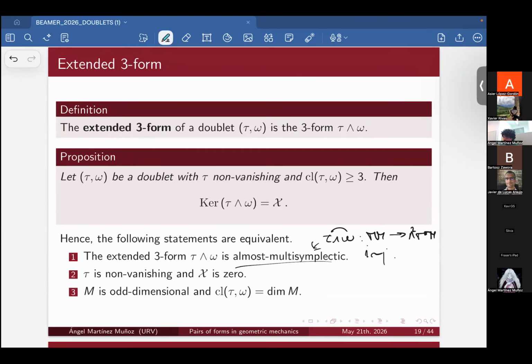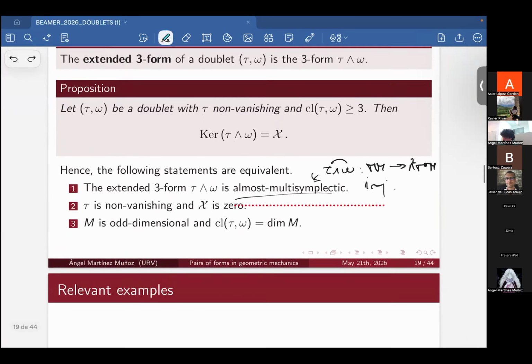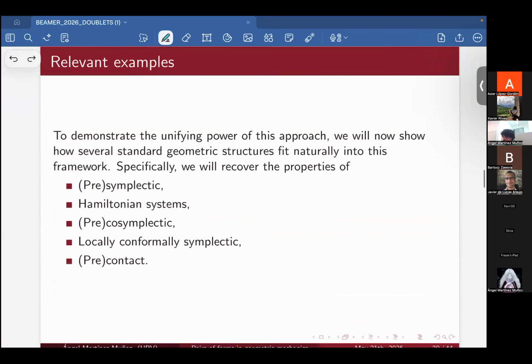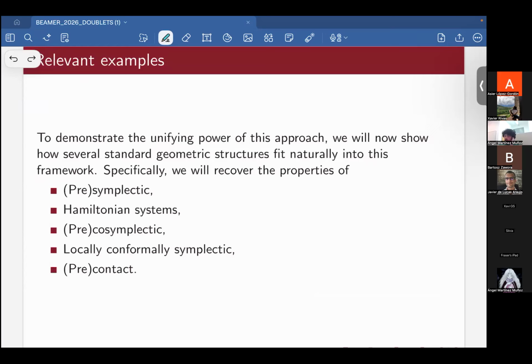So we have basically characterized all three forms that are multisymplectic, which are written like a one form wedge a two form with this. Okay, and now after these results, what I would like to tell you about are just some examples that you might be familiar with.